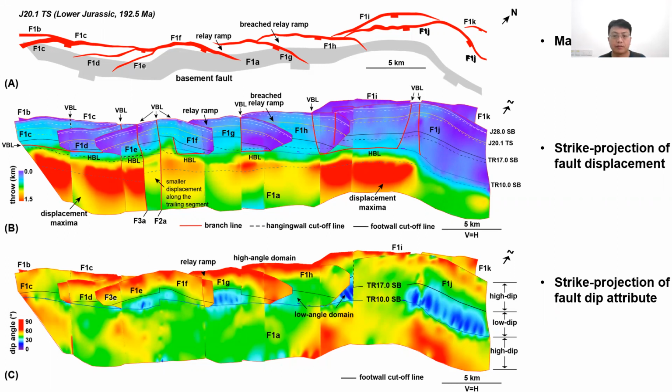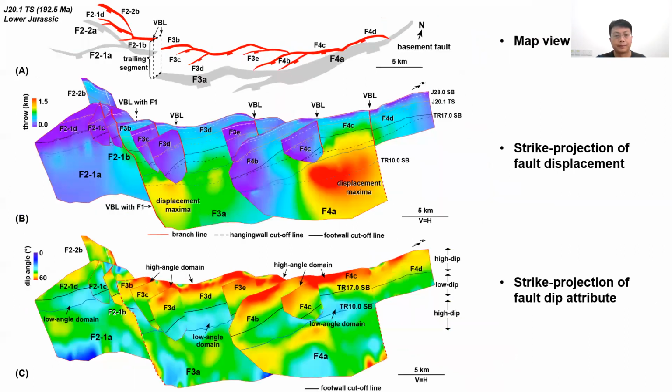The fault geometry of F1 is that it typically has a lower angle at T10 to T17. This is correlated with local shear in the mechanically weaker layer. Therefore, the mechanical stratigraphy has a control on the fault geometry as well.